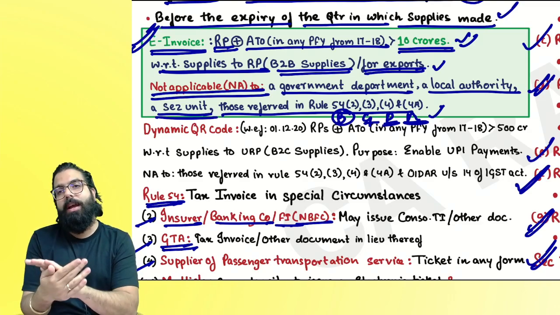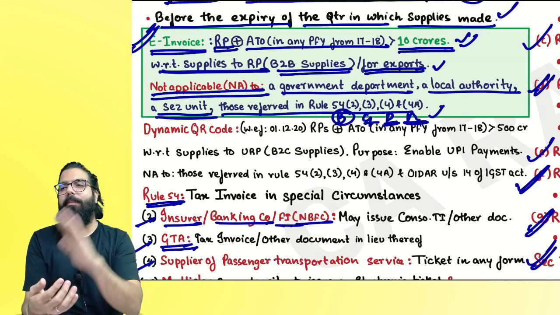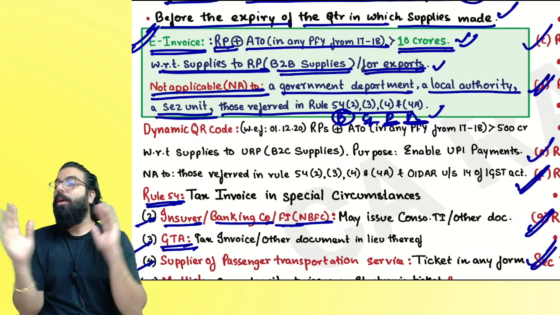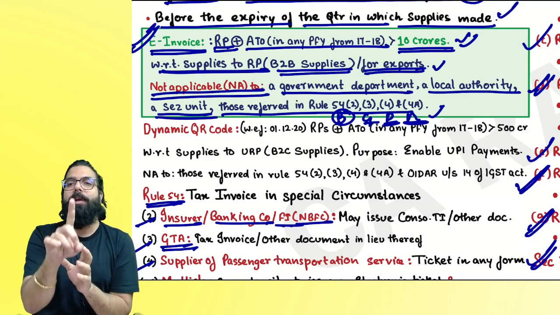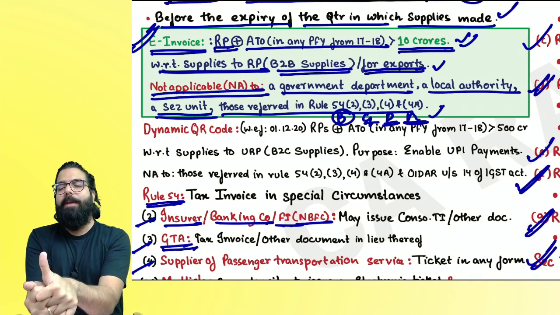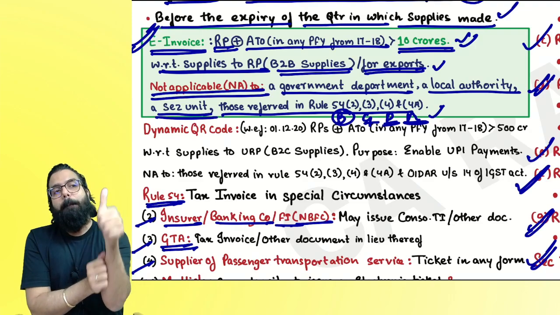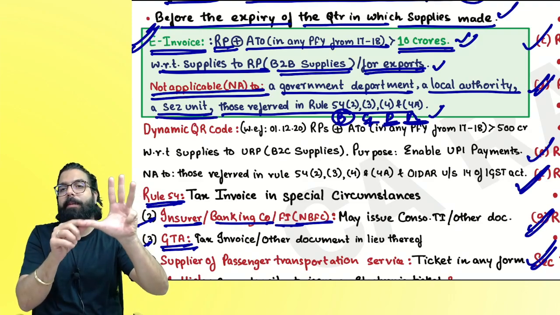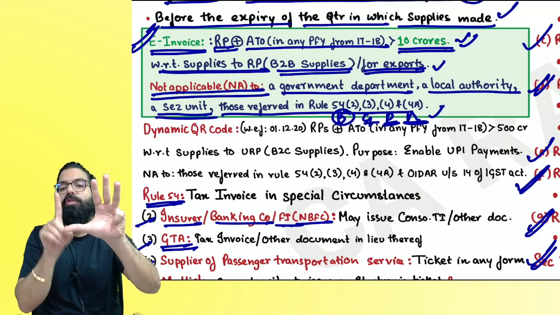I should generate an invoice reference number, meaning I should register my invoice. I have to do it with respect to B2B and exports. For which supplies will I not do it? If I am supplying to a government department, local authority, SEZ or BGPM. B means banking: NBFC, banking company, financial institution, insurance company.